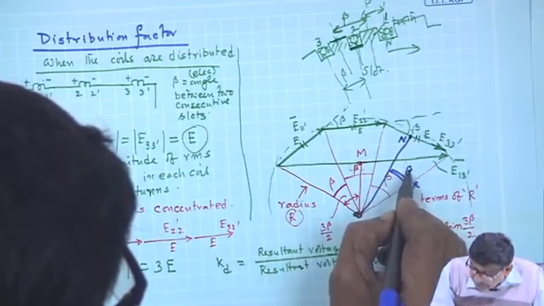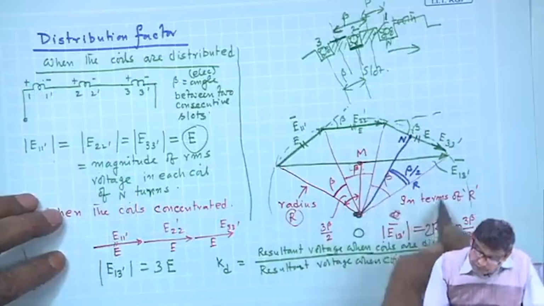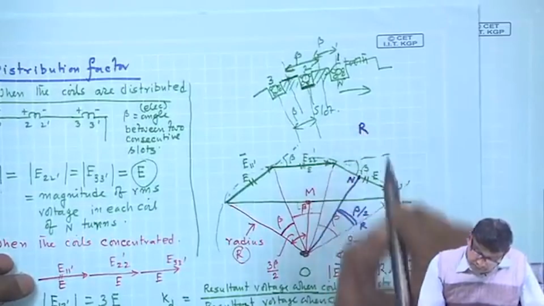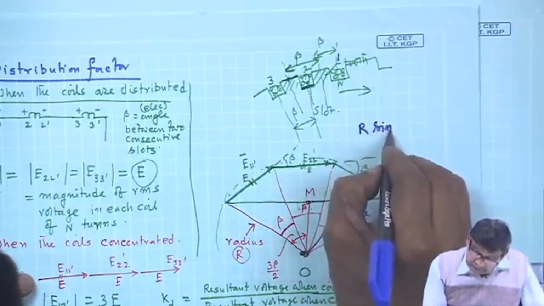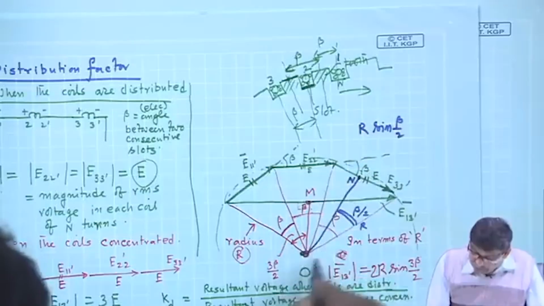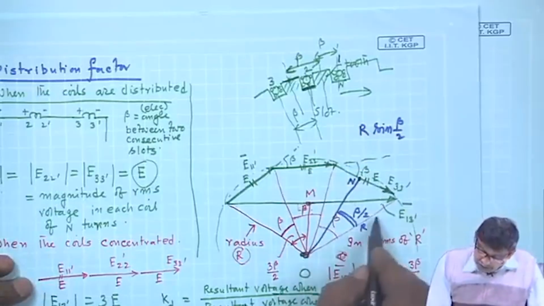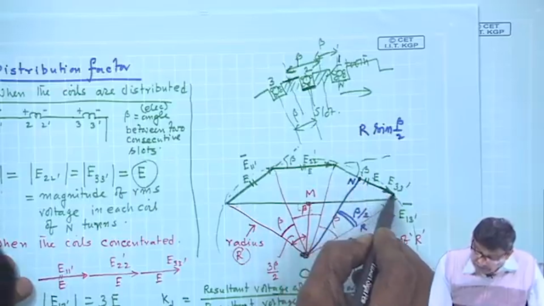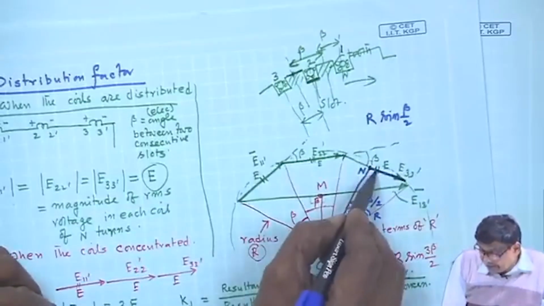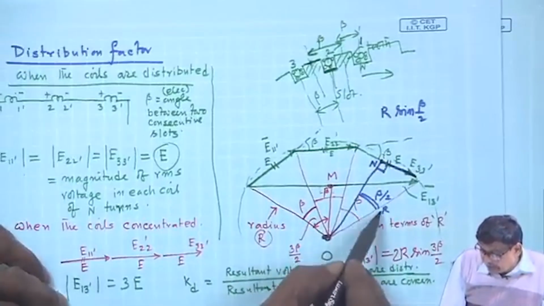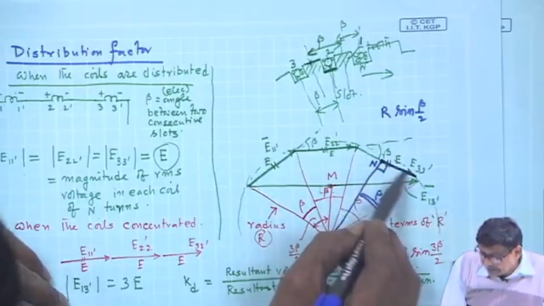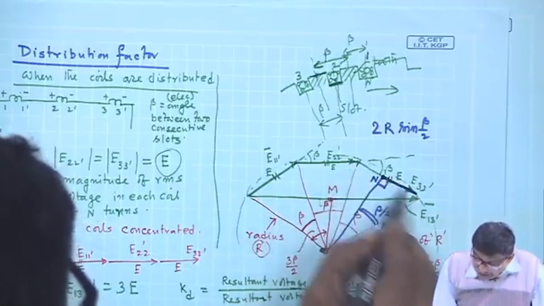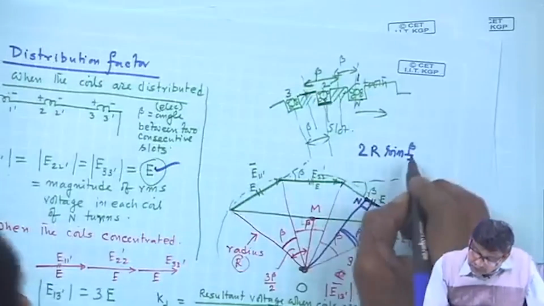So, from this small triangle you can easily see R sin beta by 2 is this length. It is a right angle triangle. I have dropped a perpendicular. So, R sin beta by 2 is this, and 2 times of that is this length, and this length I have assumed to be E. So, this is equal to E.